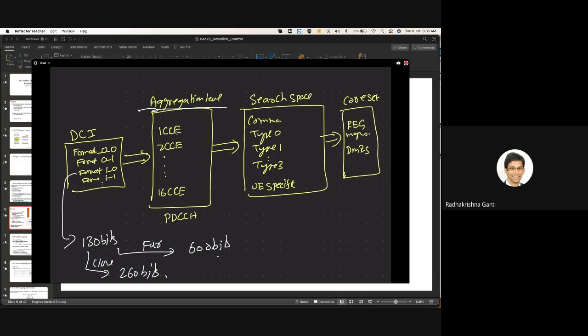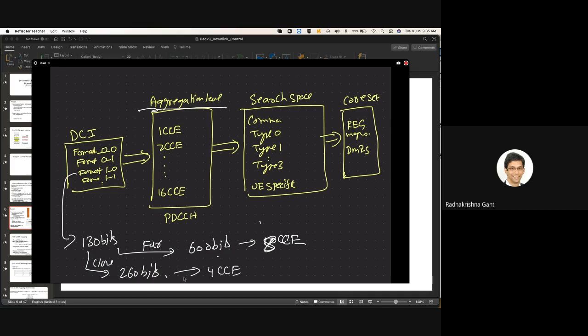So for a user who is far, or requires more control information, the base station allocates more number of CCEs. For example, this might be allocated some 8 CCEs. Maybe this might be allocated some 4 CCEs.